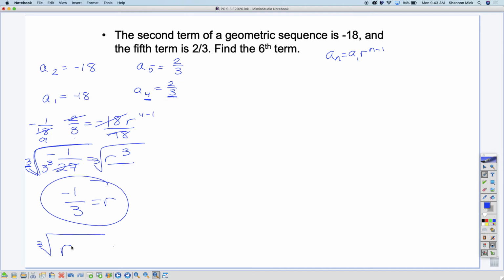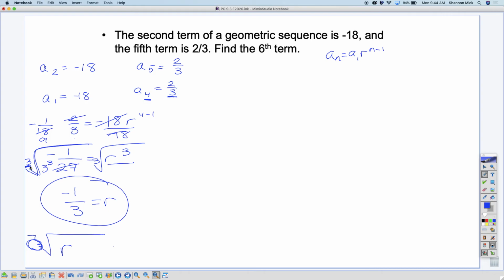I'm looking for groups of what? 3. If this was a 7, I would be looking for groups of 7. So this 3 is just an index. It says I need groups of 3. So 27 is 3 cubed, so when I take the cube root of 3 cubed, I just get 3.